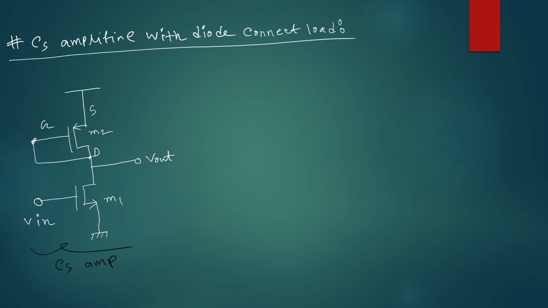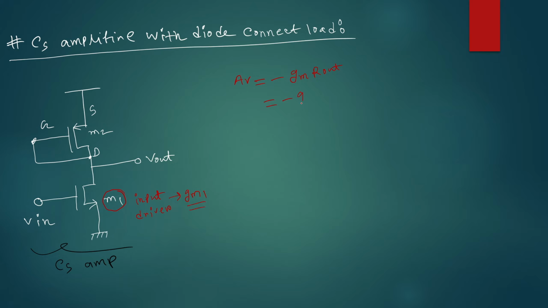To find the voltage gain of the circuit, as you know it is a common source amplifier, the gain is minus gm into Rout. Here gm is the transconductance of the driver MOSFET. M1 is our input device or driver MOSFET, so we get the gm of the driver MOSFET, which is gm1.